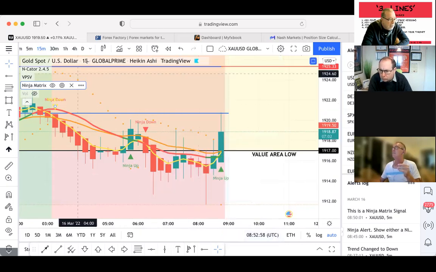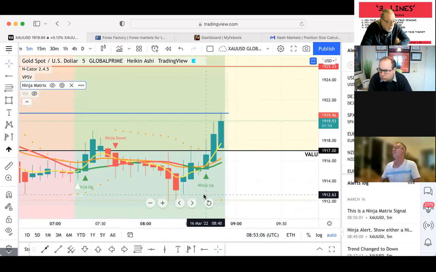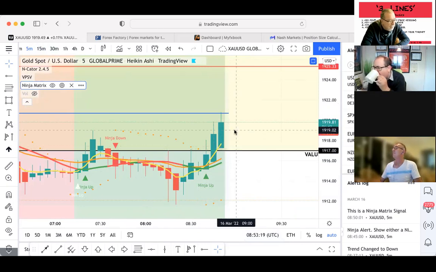If I change to the 5-minute time chart, you'll see that we've got conditions that are now satisfying my checklist. We've got a Ninja Matrix up, we've got a Ninjacator up, we've got the yellow 5 MA above the 13 MA. So if you want to trade on the 5-minute, fill your boots.